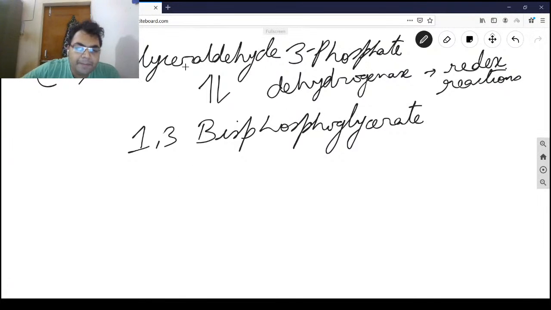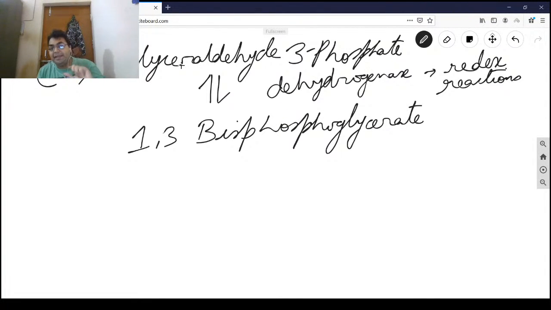Now you have 1,3-bisphosphoglycerate, that is the truth. Here, this is an oxidative product, a product which is the consequence of oxidation. So something must be reduced side by side. Otherwise, this entire process will be very unstable from the electron perspective. That is why the reactions are redox, because oxidation means removal of electrons that must be accepted by something.